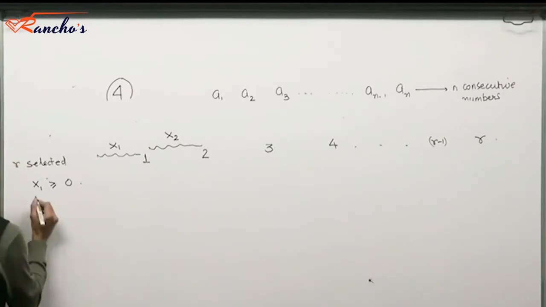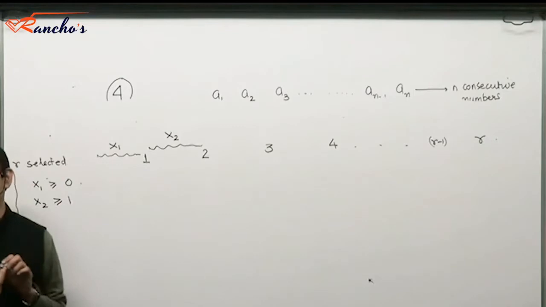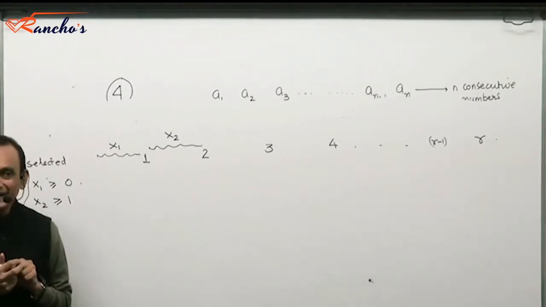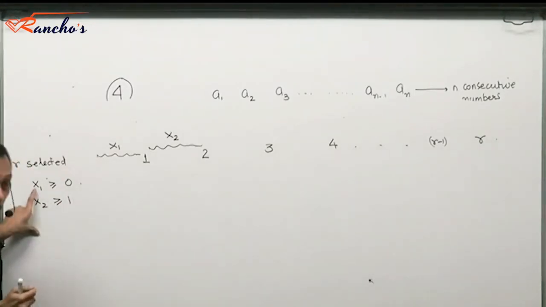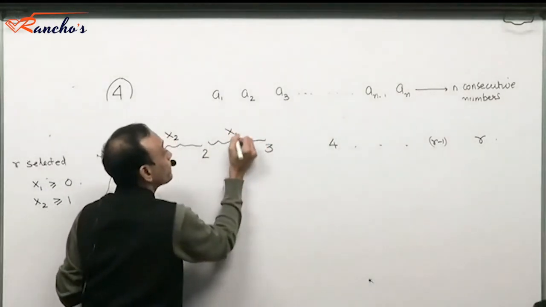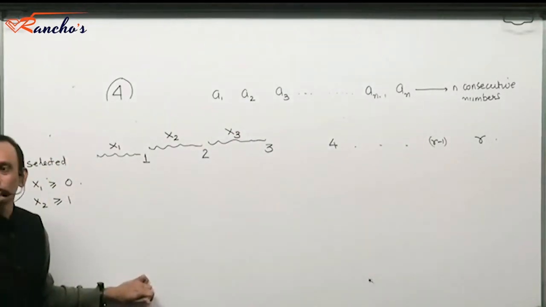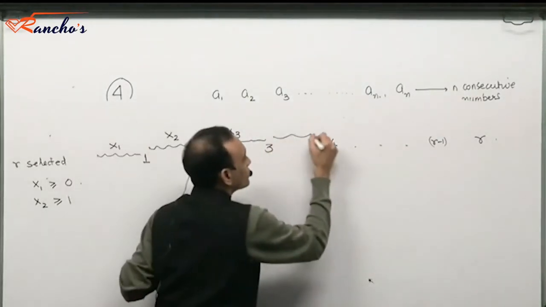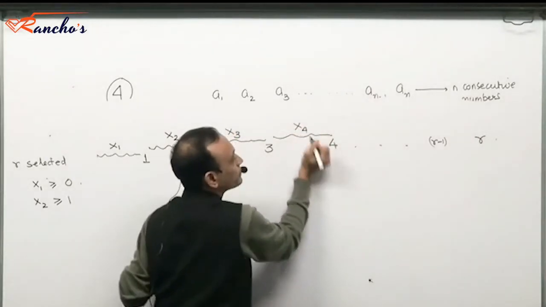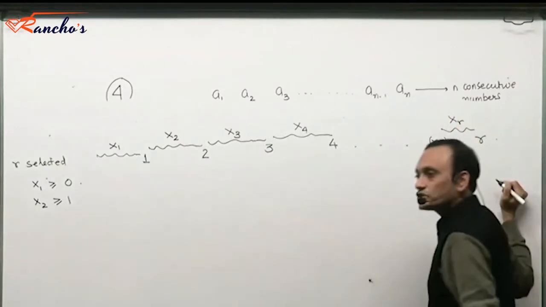So, can I not say that x2 has to be greater than or equal to 1? x2 would be a natural number, but x1 is a whole number, right? Similarly, between second and third, the number of numbers is x3, which also is a natural number. x4 will also be a natural number, and xr will also be a natural number.